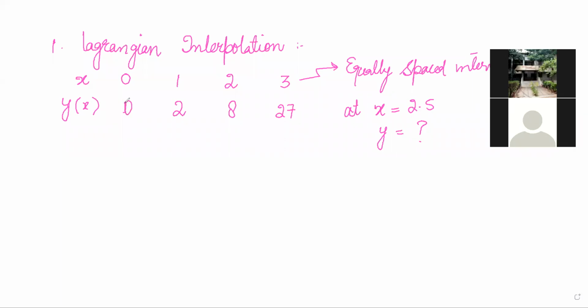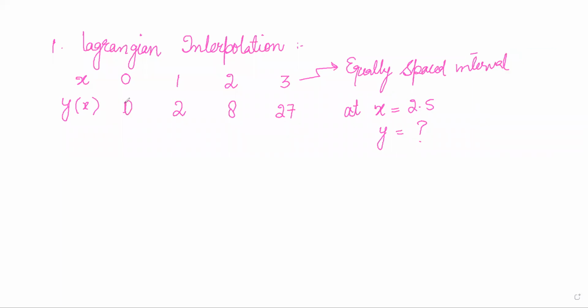When x is equal to 1, y is equal to 2, x is equal to 2, y is equal to 8, x is equal to 3, y is equal to 27. Now the question is, if the value of x is 2.5, that is 2.5 will be here, what is the value of y? I have to find the value of y. This is what we use interpolation for.